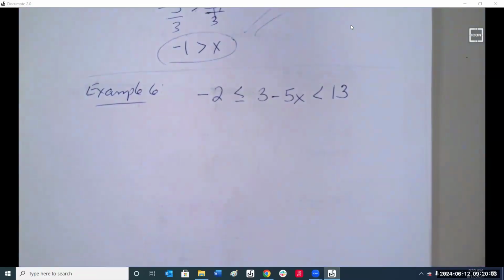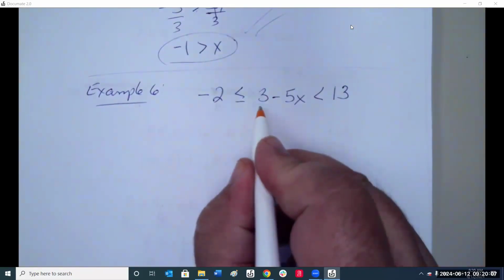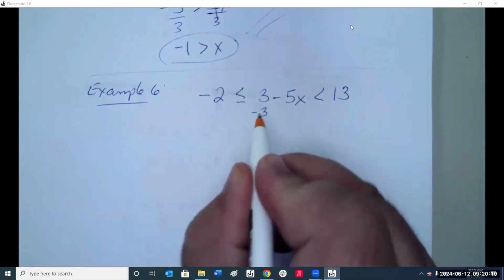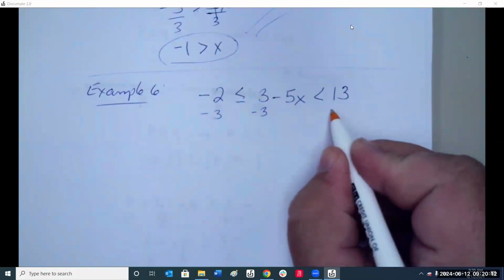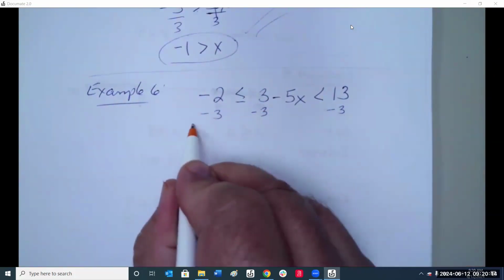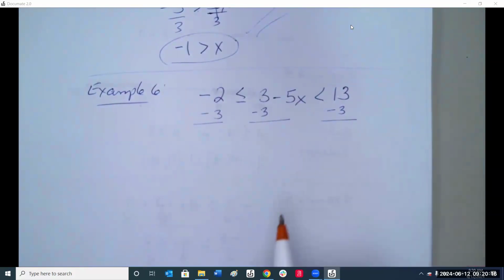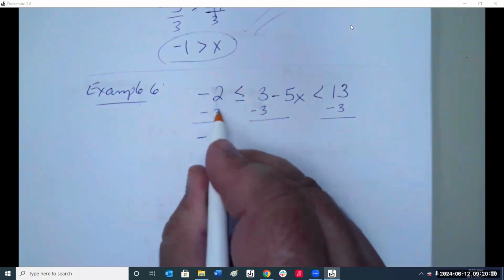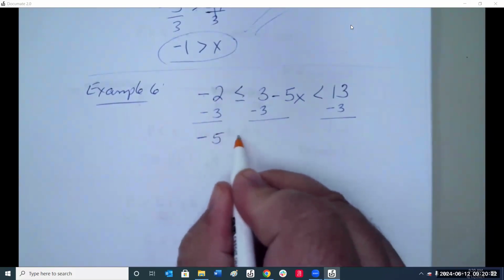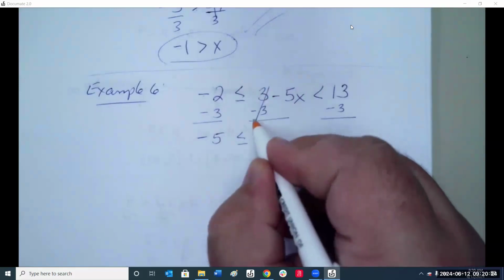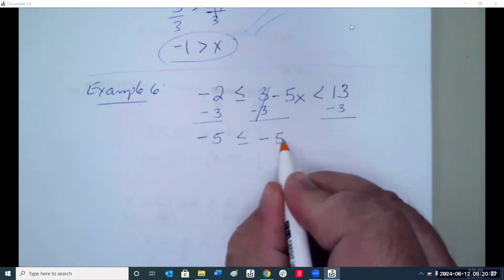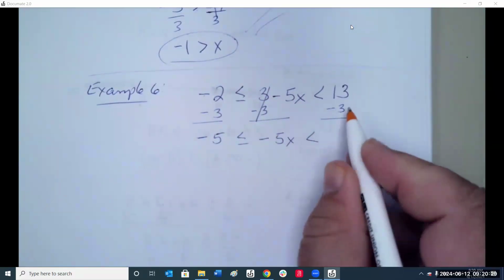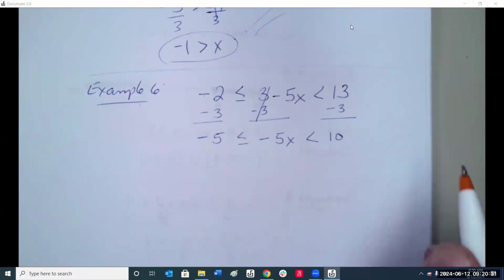So we're solving for x. The first thing we have to get rid of was what? The 3. How do we get rid of the 3? Subtract 3 from everybody. Since they're both negative, the answer is negative. Add the numbers. 3 plus 2 is 5. Those cancel. 3 minus 3 is 0.